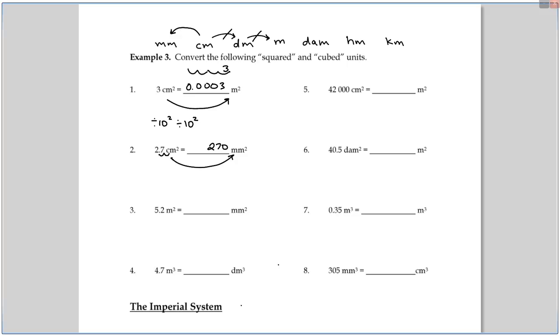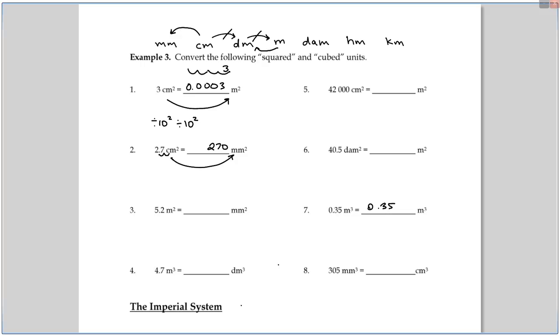And I'm just going to do some volume ones now. Okay, let's do number 7. Oh, 7. Look, it's the exact same. So 7's for free. Let's do number 4. Meter to decimeter. How many jumps is that? Only 1 jump, but it's worth 3.